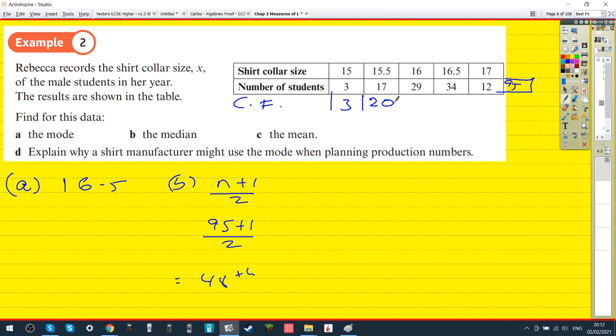Then like the first 20 are there. And 49, 70, 83, and then 95. And so in which group is the 48th student? 16. Yeah. And so their collar size is 16, and so the median is 16.